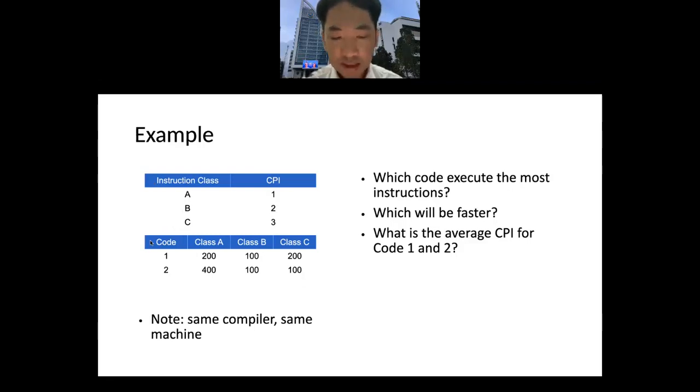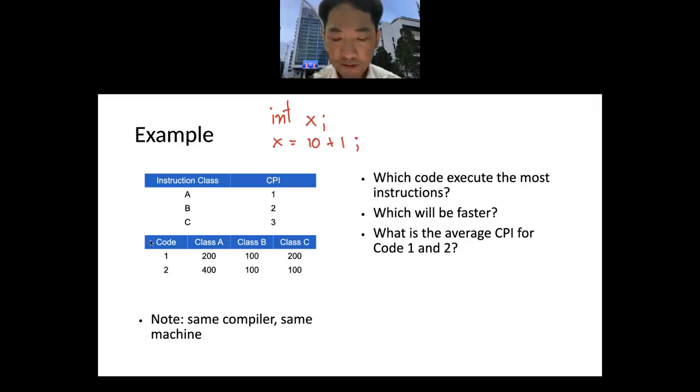You may notice that we have different types of instruction. For example, if I write down something like this: if I have the integer x, and then let x equal 10 plus 1, something like this. This is a very simple instruction.